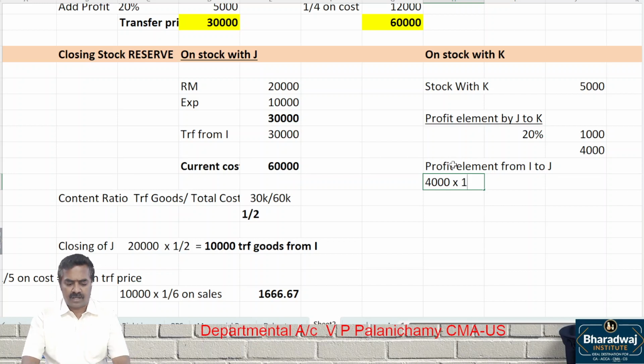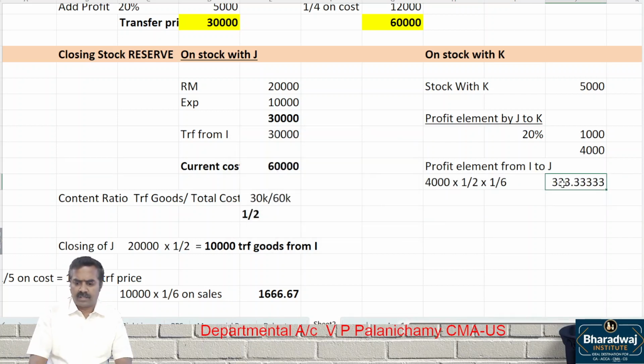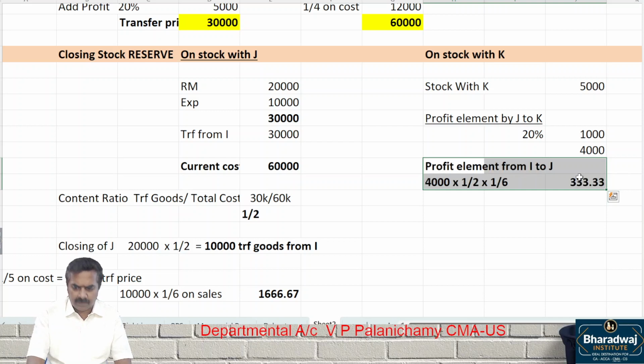The content ratio is 1 by 2. 1 by 2 into what is the profit margin? 20%, 1 by 6. 1 by 5 on cost, 1 by 6 on sales. How much will it come? 333.33. This is the profit element charged by I.